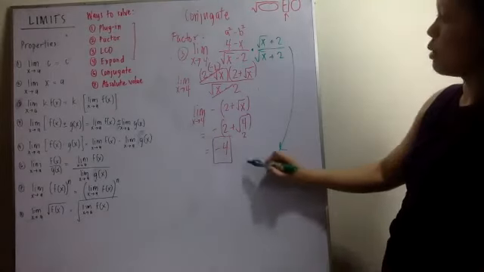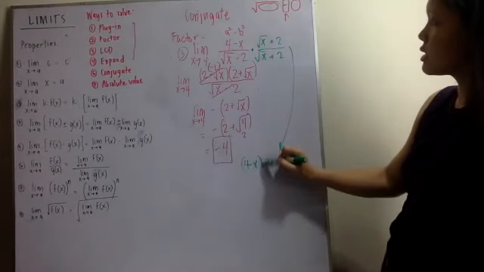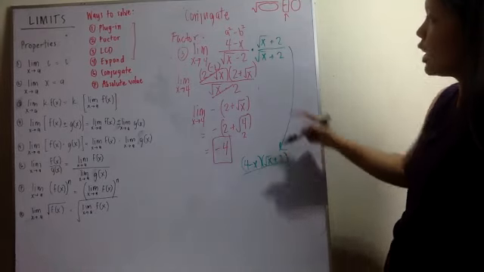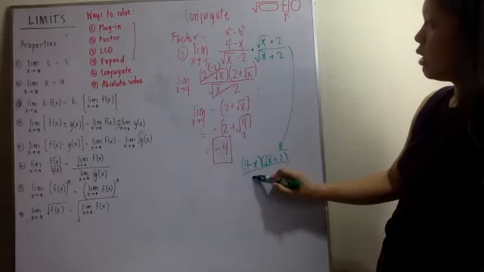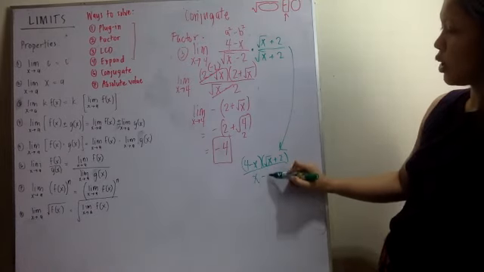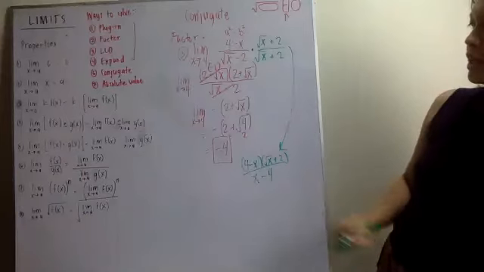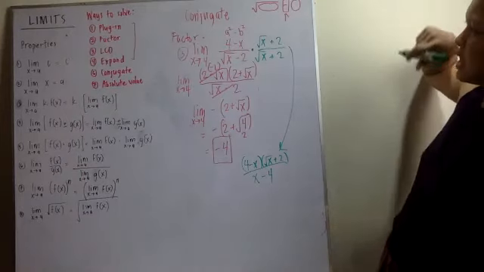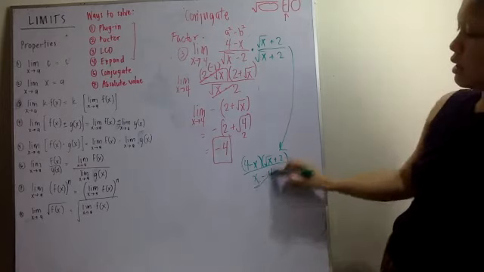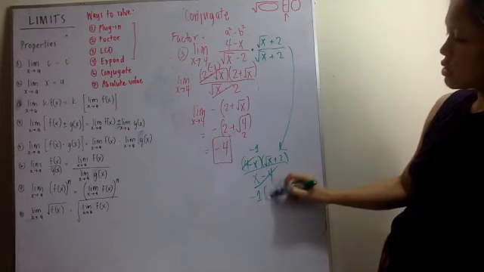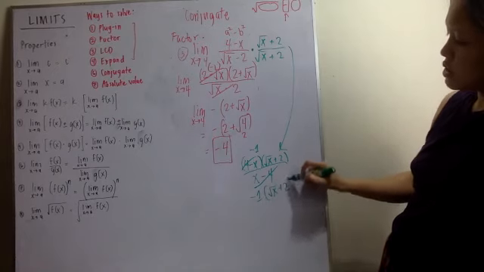Kunwari, ito yung method na ginawa natin. 4 minus x times square root of x plus 2 over, ano mangyari sa baba? X minus 4. Correct? Mag-work pa rin naman siya. Parang iba yung sign. Saglit lang. Ay, hindi. Tama. Negative 1. Okay? Negative 1 square root of x plus 2.